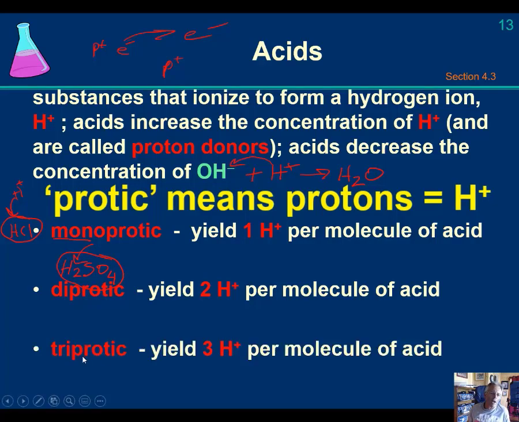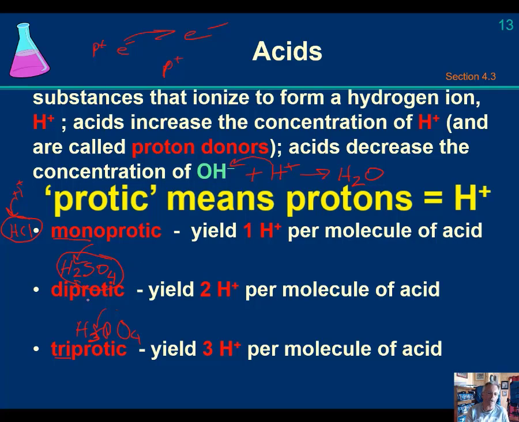And then a triprotic acid would simply be 3 protons per mole of acid or molecule of acid. So that would be something like phosphoric acid, H3PO4. And all I'm looking at for a triprotic acid is the subscript to the right of the H that says 3. This is a triprotic acid. H2SO4, this is sulfuric acid.